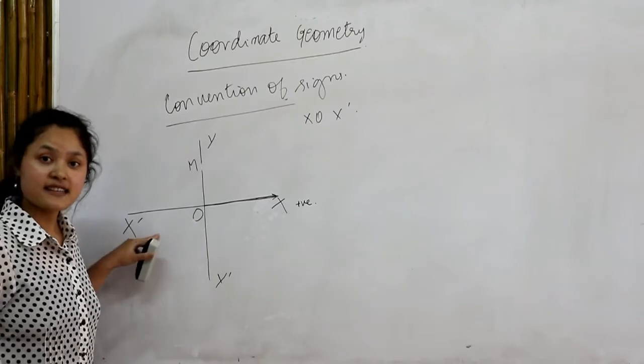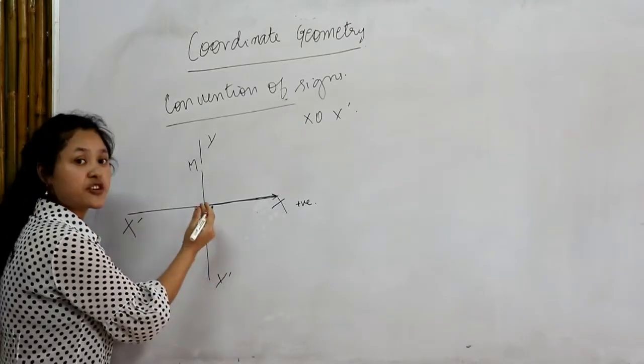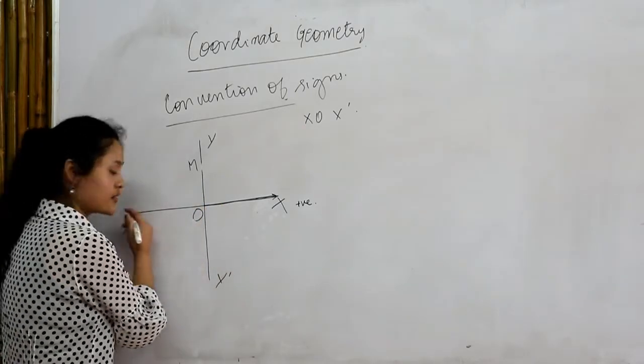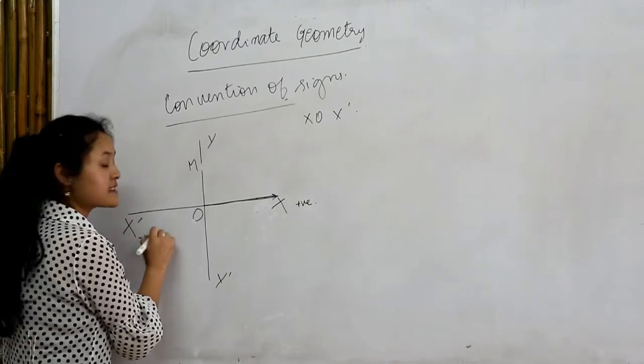And the x-axis is negative if we measure to the left of O. So we take this one as negative.